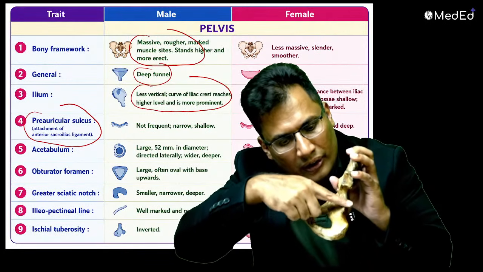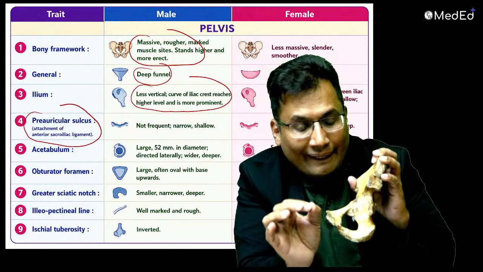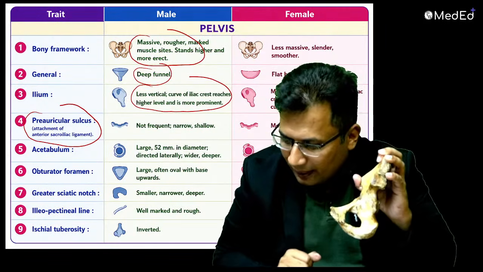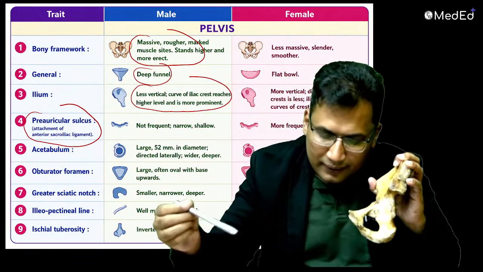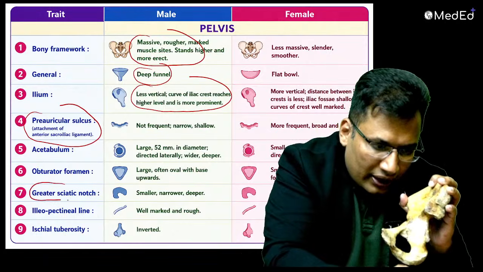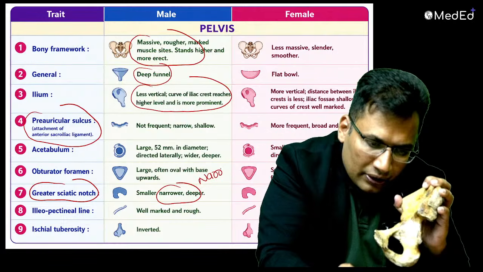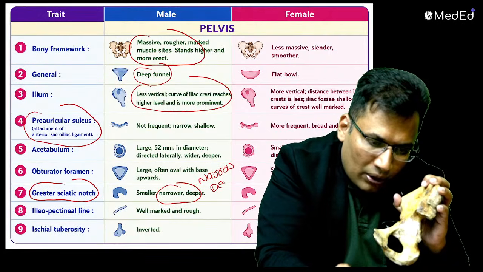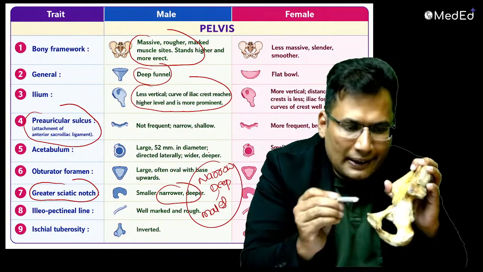The greater sciatic notch is narrow and deeper. So this is a very important point. Please write in the chat box: the greater sciatic notch is narrow and deep in males. Keep writing, narrow and deep in males.